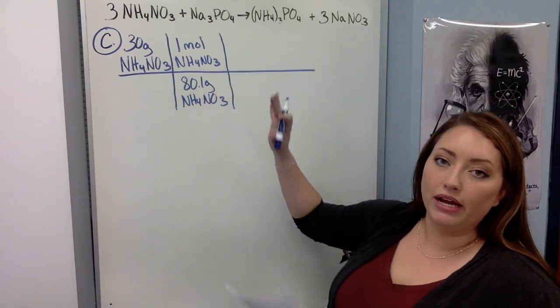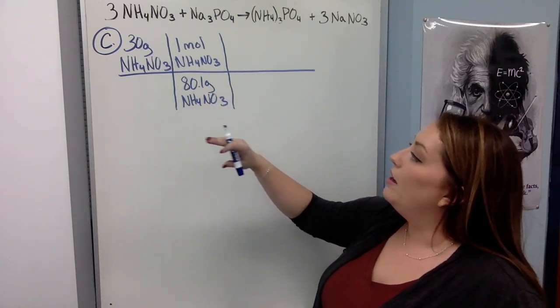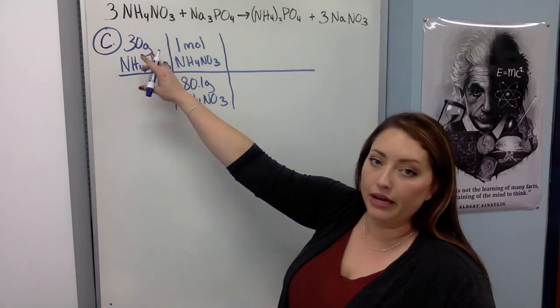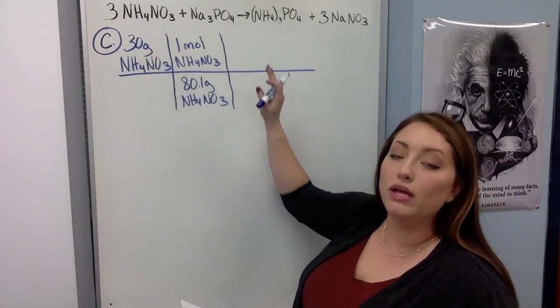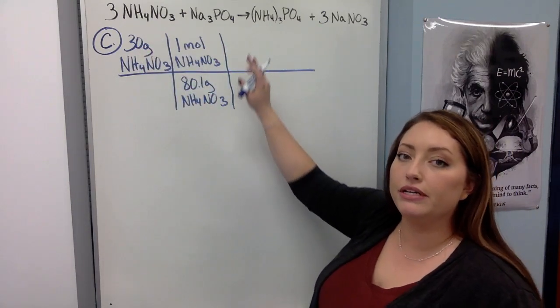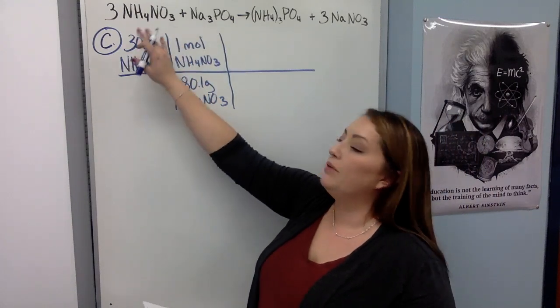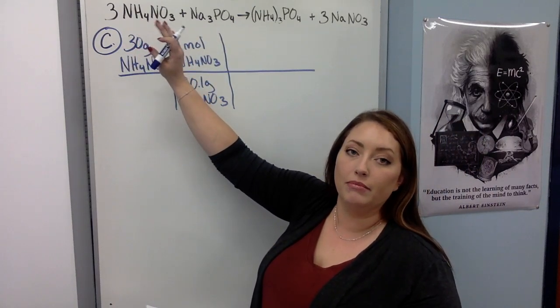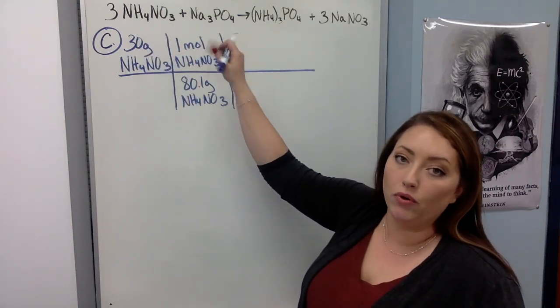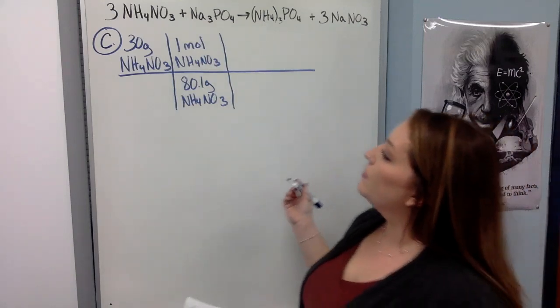So I've gone ahead and started this problem out. We went from the 30 grams to the mass to the mole. Here we're going to use the mole ratio, and as you can see from the balanced equation, we have 3 moles of the ammonium nitrate for every 1 mole of the sodium phosphate. So we're going to fill that in.